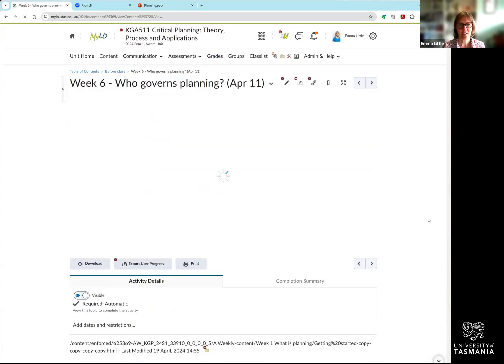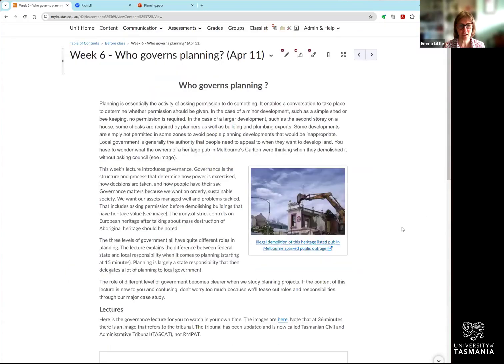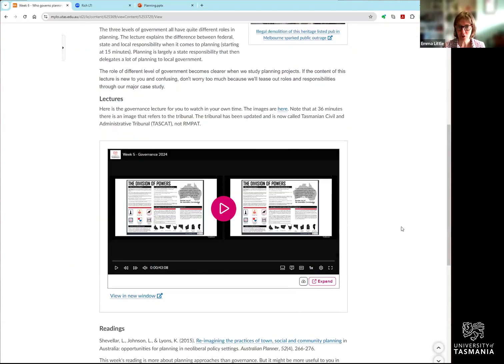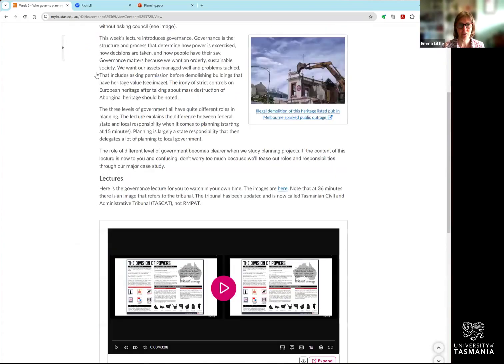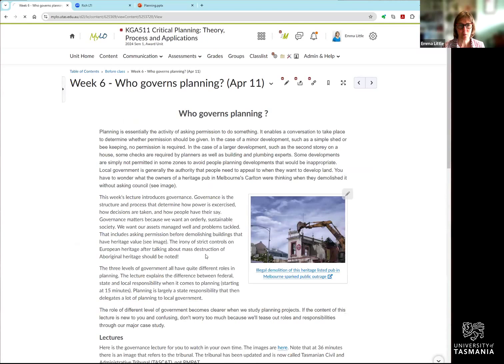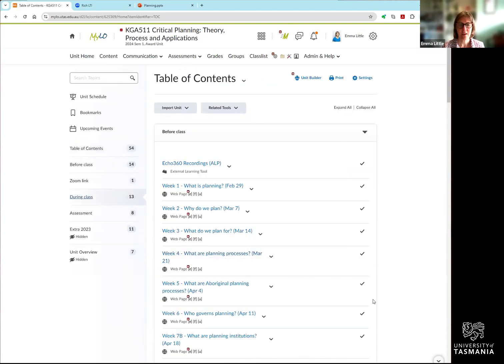Each of these pages has a set of resources associated with it, a lecture which you do before class, and some readings and resources. So that's what the content looks like before class.